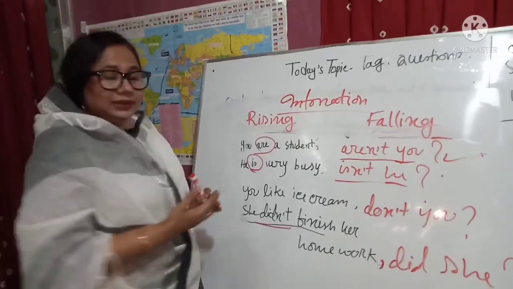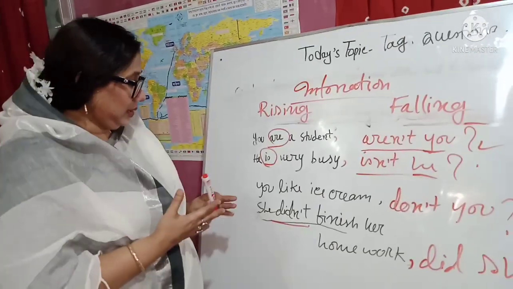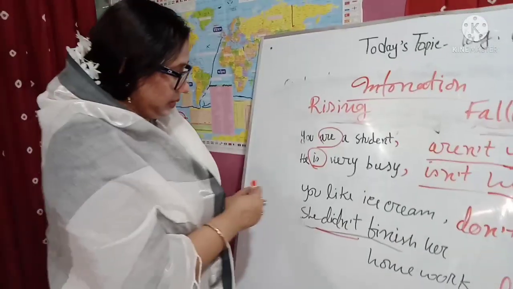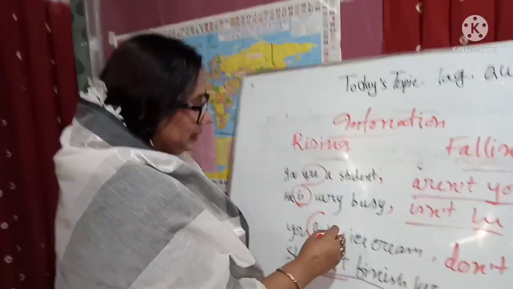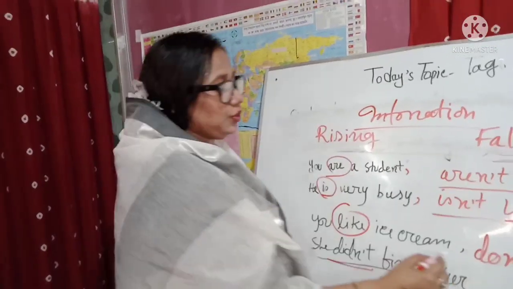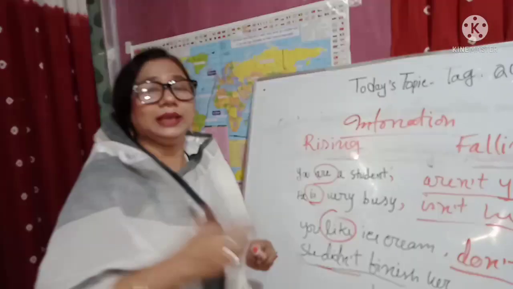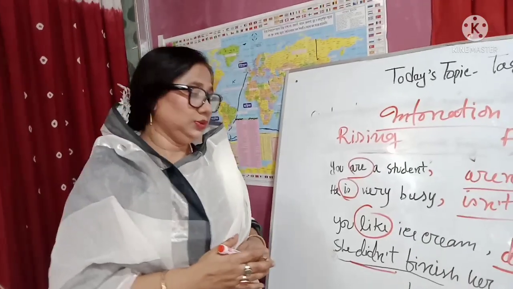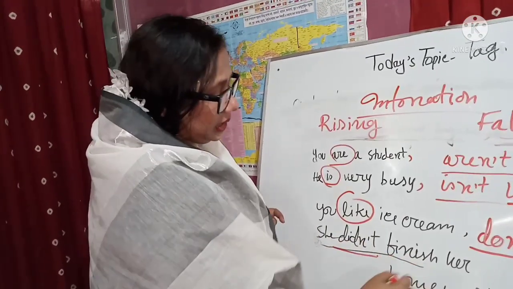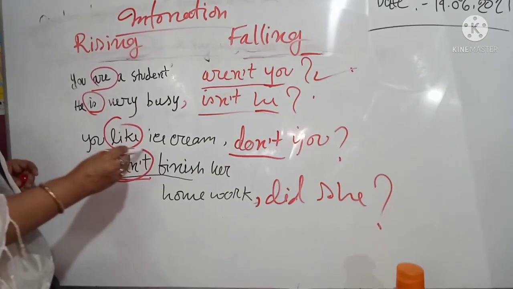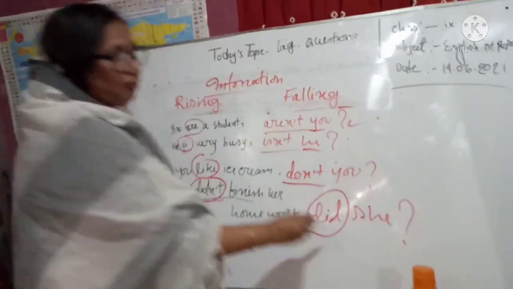Dear learners, many times we find there is no main verb. You like ice cream, don't you? There is no auxiliary verb, so we use the do verb. And she didn't finish her homework. This is past tense. We use the past form all the time.